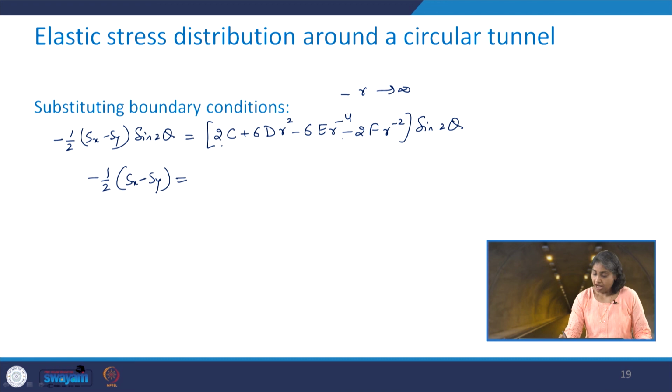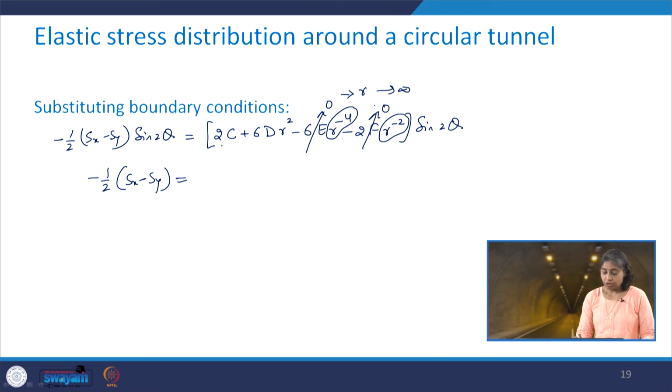When you have r to the power minus 4 or r to the power minus 2, what will happen when the r value is very large? These quantities will become equal to 0. So, ultimately what you have is 2c plus 6d r square. Of course, since the term r is there, I am just putting this caution here that this is subjected to r tending to infinity.